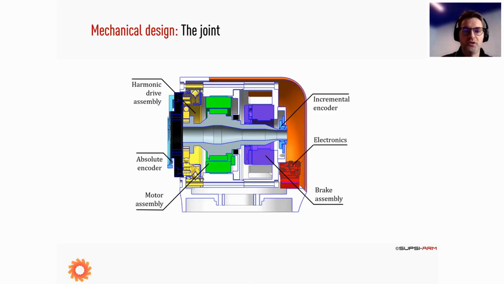The design, just a few words about the core essentially of the joints. It is composed of a torque motor, which is hollow, made by a stator and a rotor. This allows the cables to go through it and make a very clean design.